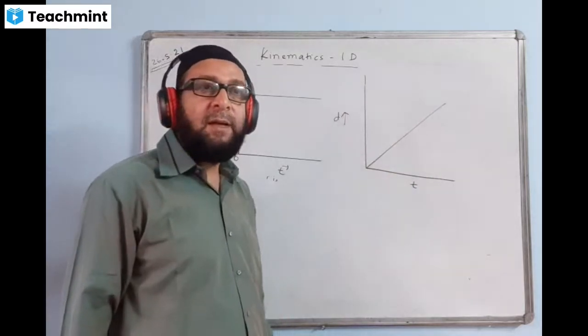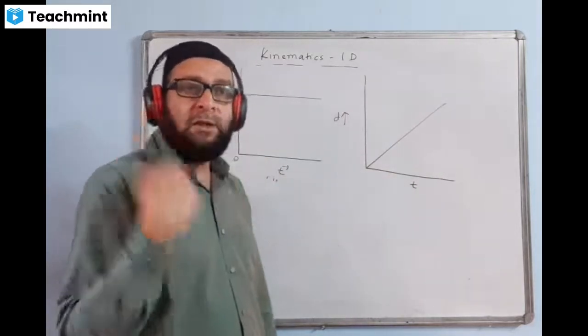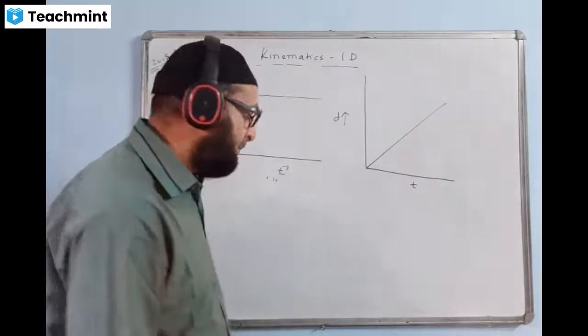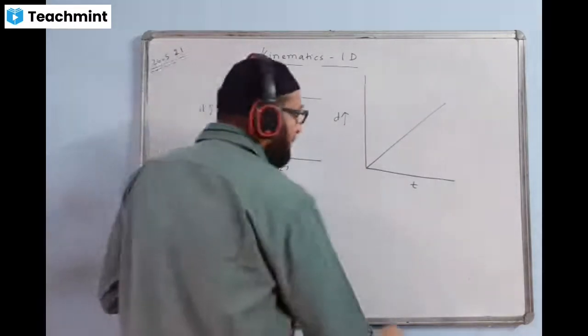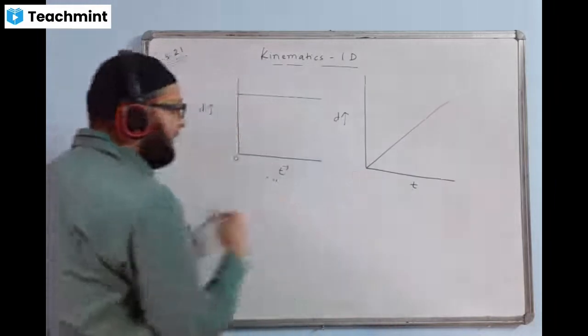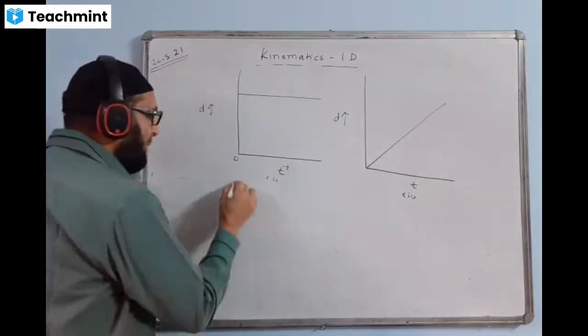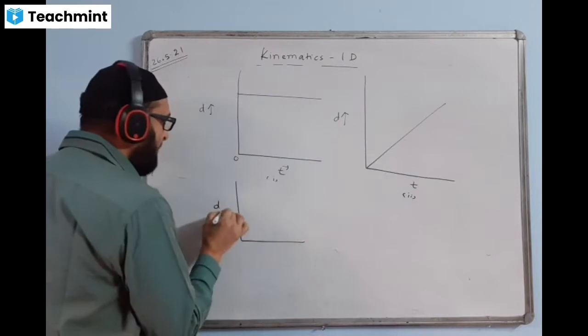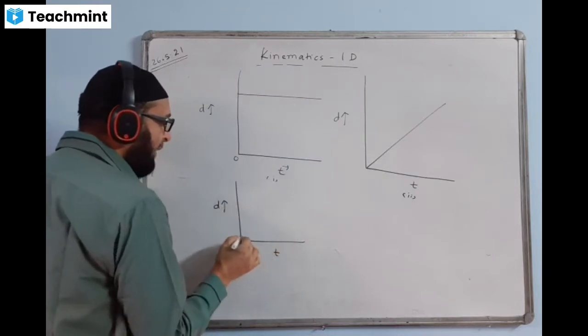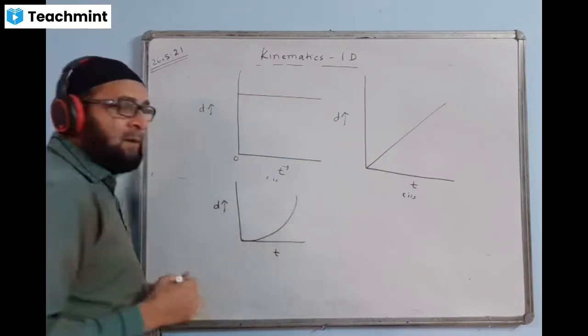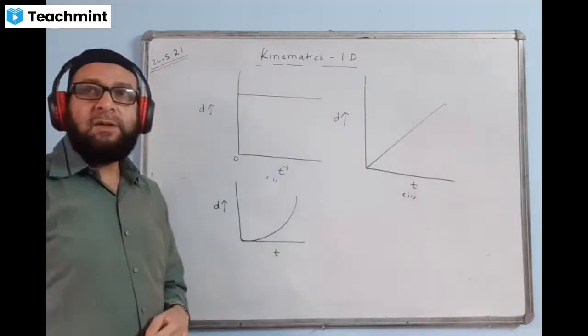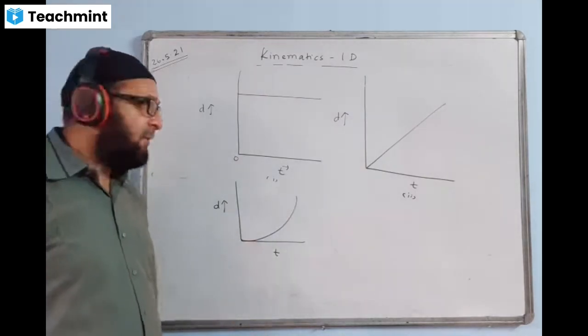Velocity can be positive, can be negative, because negative is opposite in direction. Okay, now this is the comment we'll give here: constant positive velocity. If the distance is here, time is here, and the graph is coming like this, the body is moving with a variable velocity, because the slope is variable.